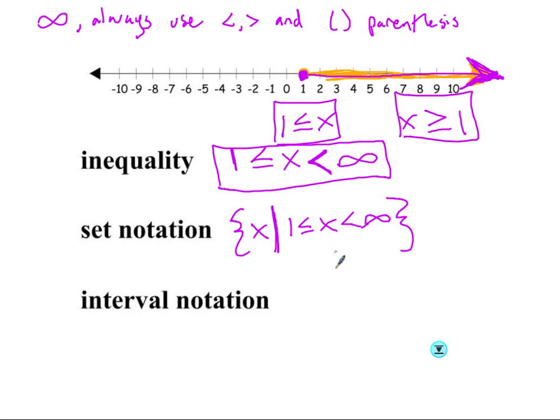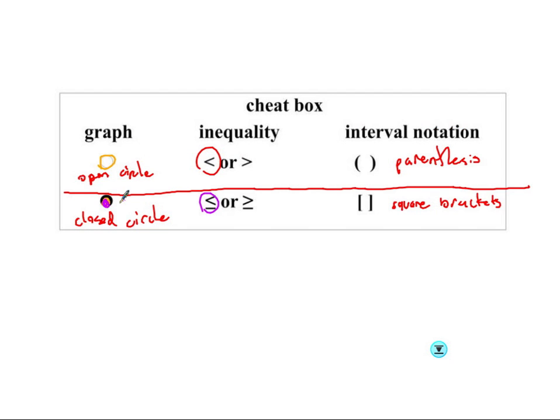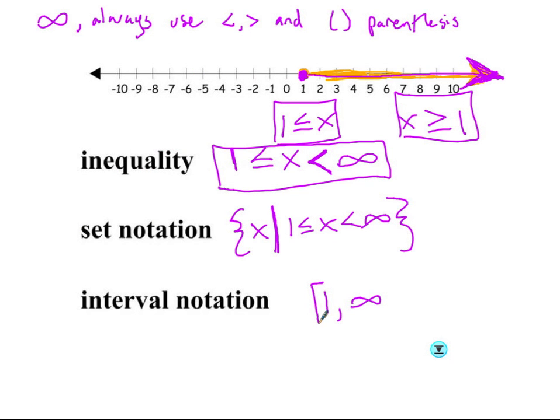Okay, finally, interval notation. Remember, interval notation, you have to write your smallest value first, comma, and then your largest value, which in this case is infinity. Since we have a closed circle at 1, remember, closed circle means that we're going to use a square bracket. So there's a square bracket right there. And remember this rule, for infinity always use less than or greater than and parentheses.